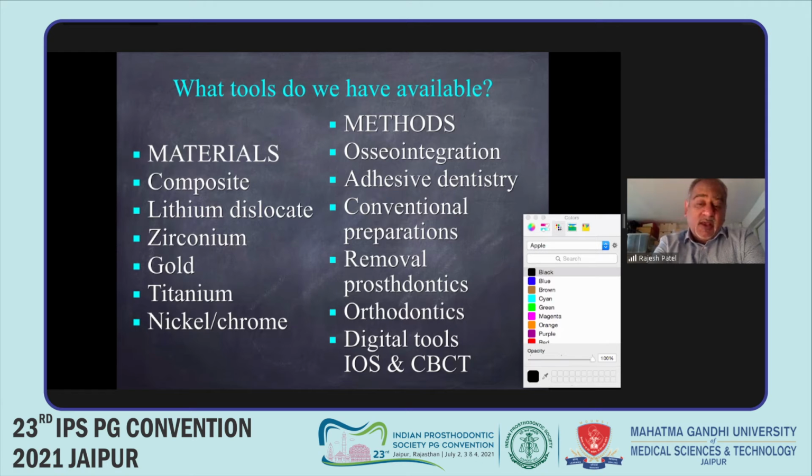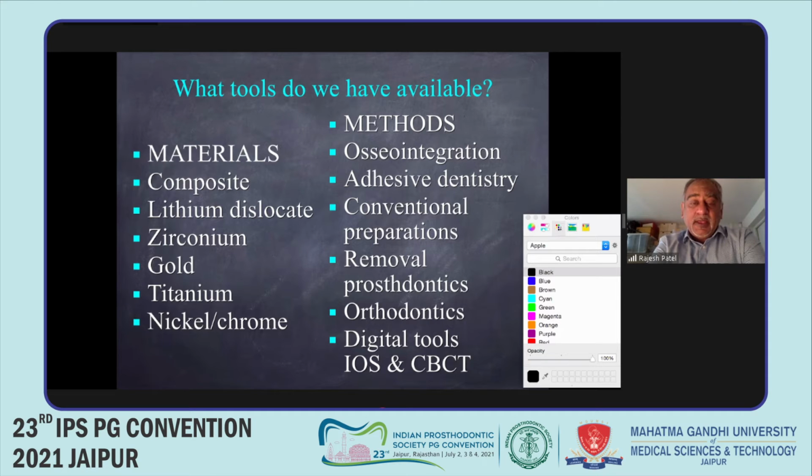Unfortunately, where we are, we do not have an intraoral scanner. And if you are going to purchase anything as prosthodontists, I would suggest you get an intraoral scanner. Digital is definitely the way forwards. In my practice, I have one, and it has made a huge difference. All those wax-ups that we used to do are now all digital.